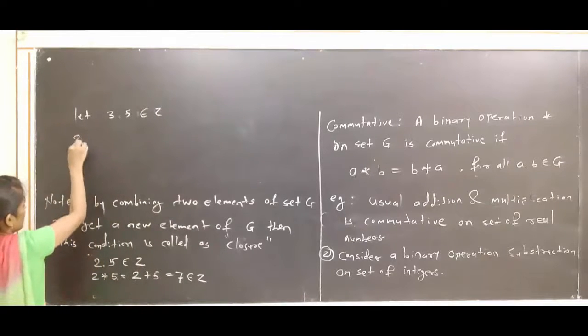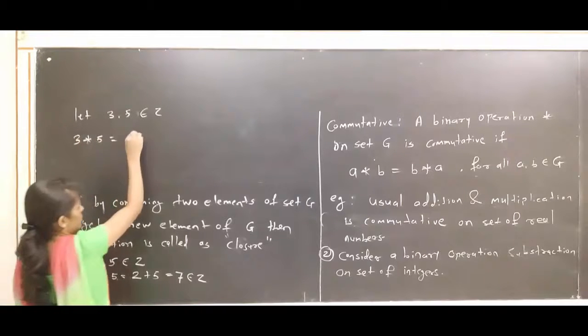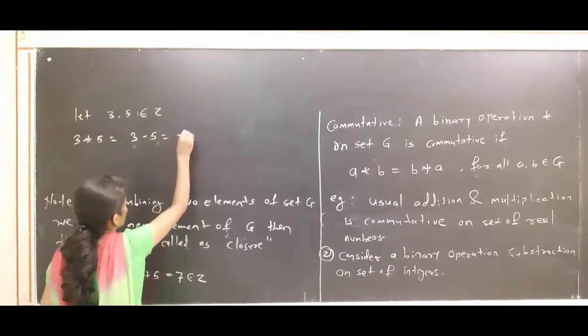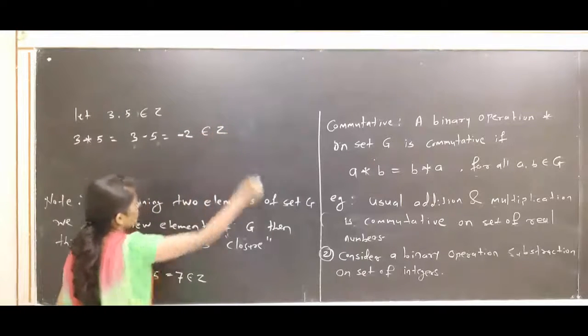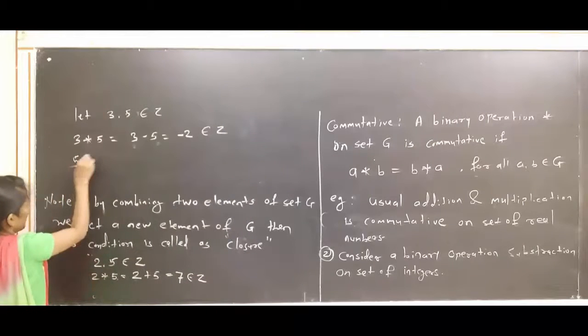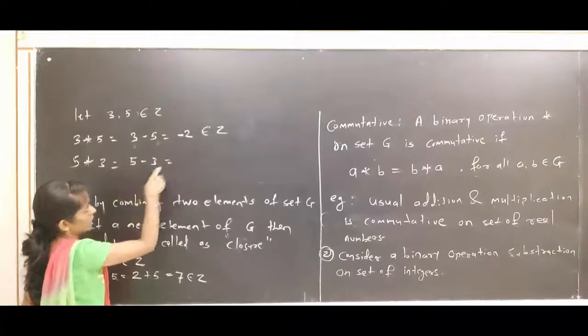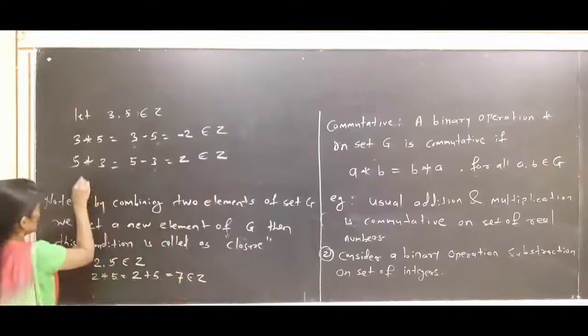Now 3 star 5, we consider the operation subtraction. So 3 minus 5 is equal to minus 2. Minus 2 belongs to the set of integers. Now 5 star 3. So 5 minus 3 we get 2, which belongs to set of integers.